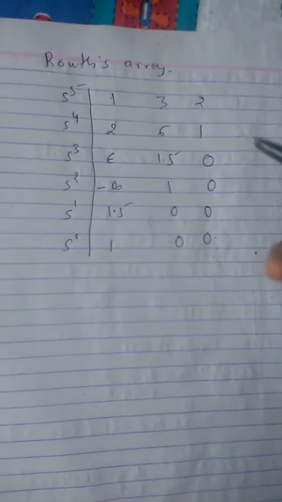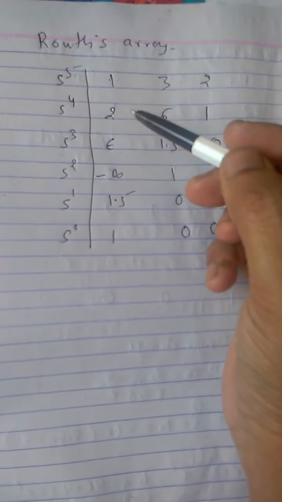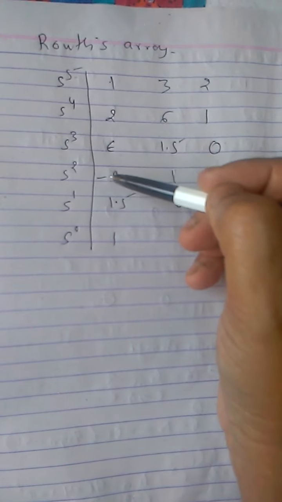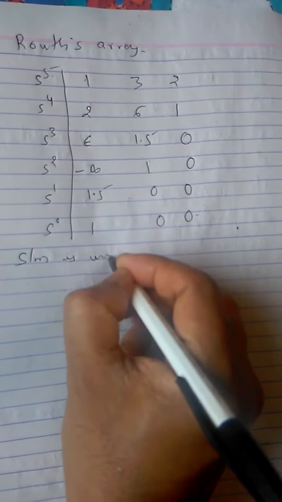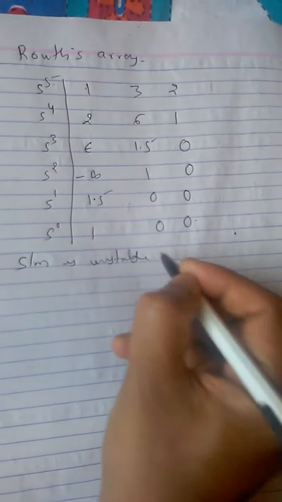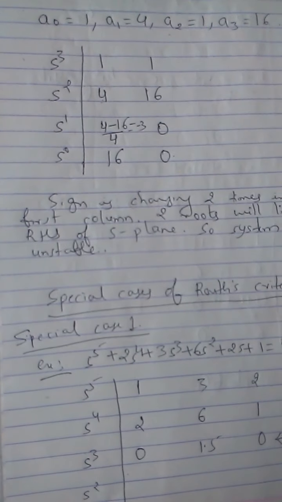I can call this system unstable because the sign is changing twice here, positive to negative, then negative to positive. So I can call this system unstable, as two roots lie in the right half of the s plane. This is one way of calculating.